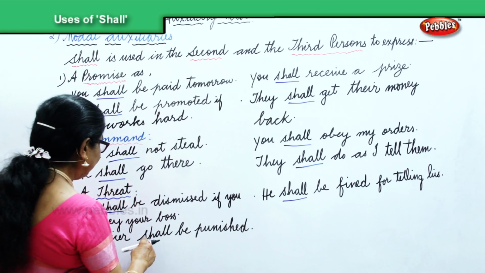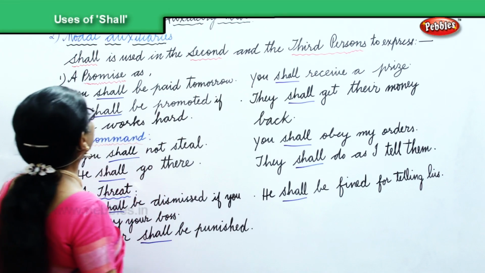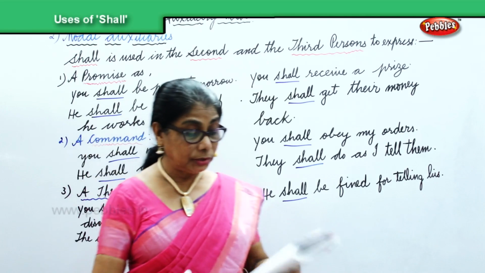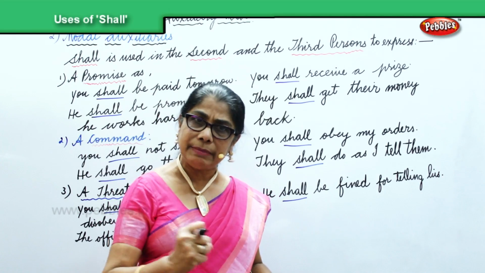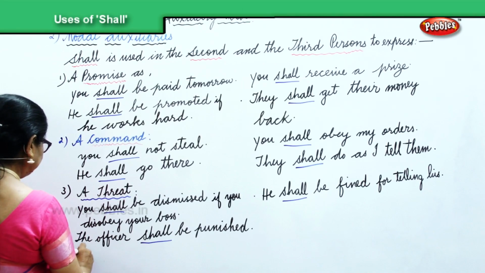Now, we have the fourth category of shall in the modal auxiliary, and that's for determination.